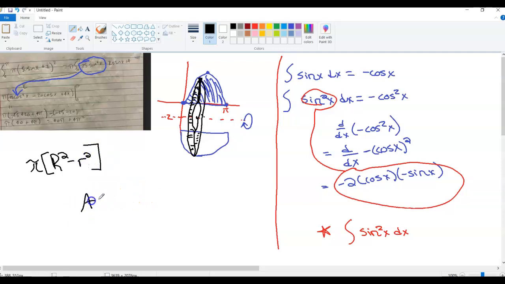So we're stacking up these discs. That disc can go from 0 to pi, and the area of the disc is pi times the big radius squared minus the little radius squared.